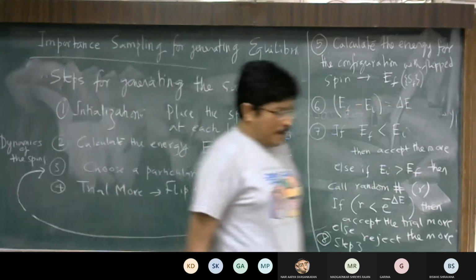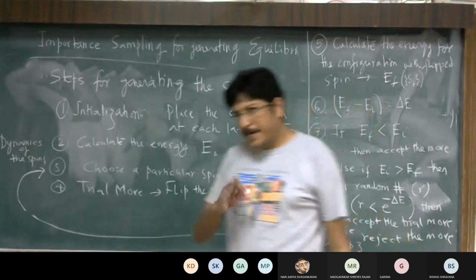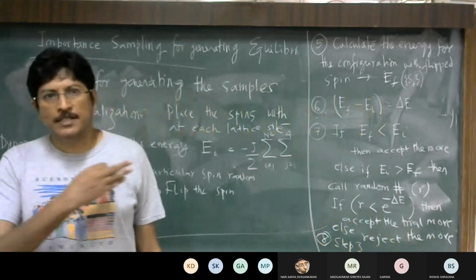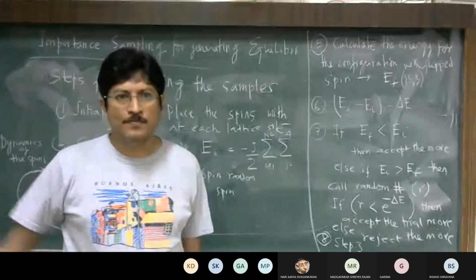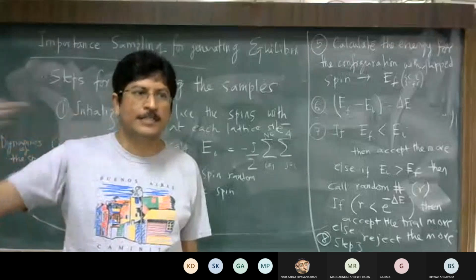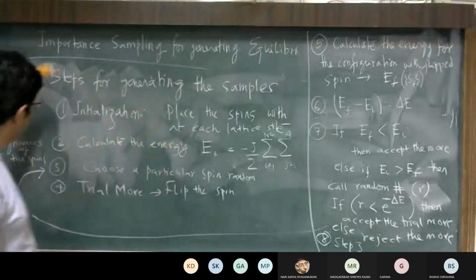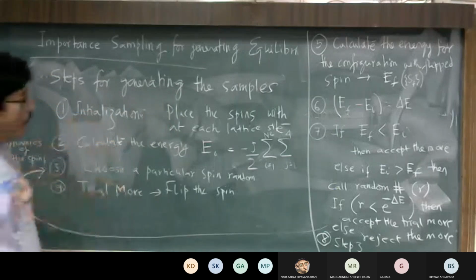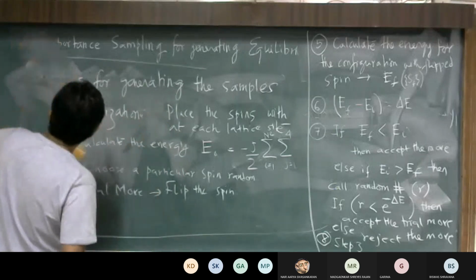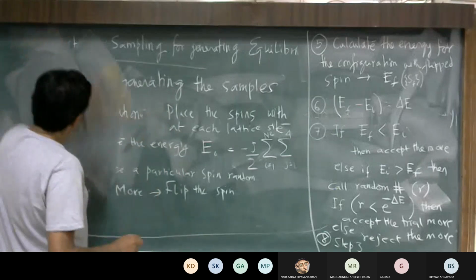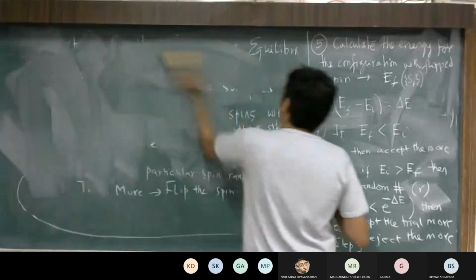And remember, the notion of equilibrium is that if you wait for long enough time, then you would reach the equilibrium configuration. In a similar spirit, let me go slowly.